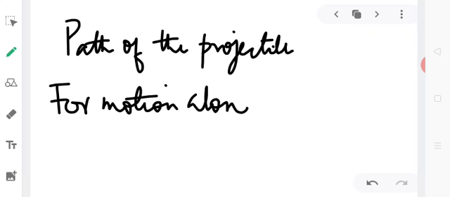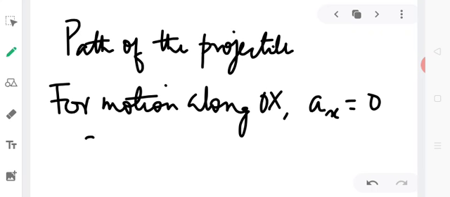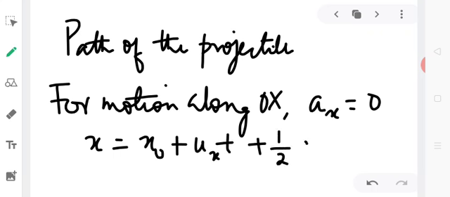motion along the direction OX, since the velocity of an object in the horizontal direction is constant, so the acceleration ax will be equal to 0. The position of the object at any time t along the horizontal direction will be given by x equal to x0 plus ux t plus half ax t square.